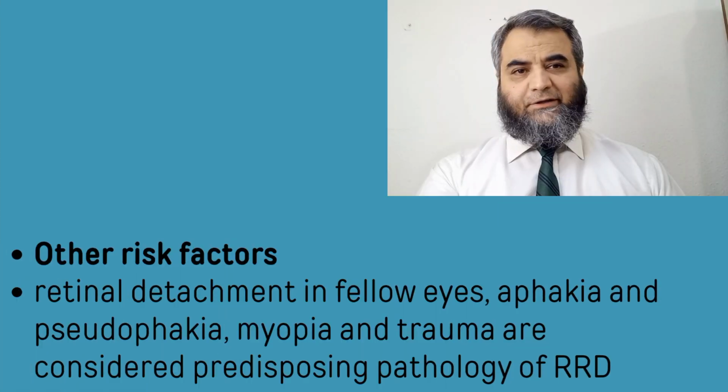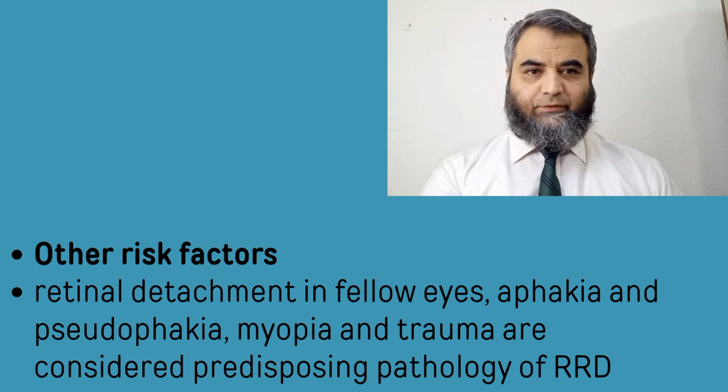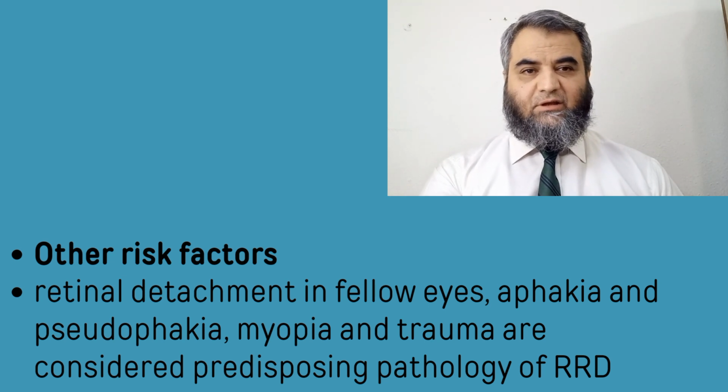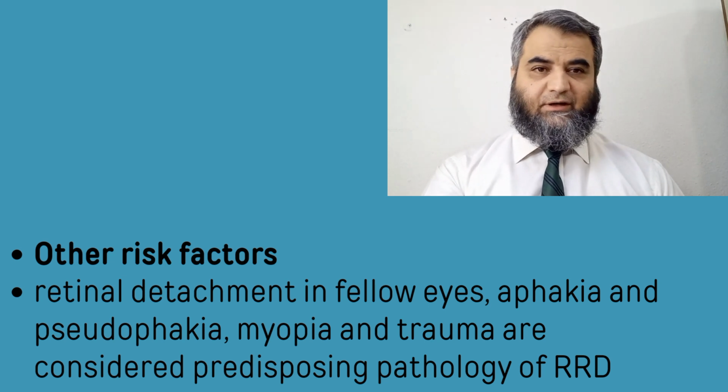If there is already retinal detachment in one eye, then the other eye, if it is pseudophakic, aphakic, myopic, or has any trauma, these are considered predisposing factors for rhegmatogenous retinal detachment. So these patients have high chances of having these RDs if the other eye has already got a retinal detachment.